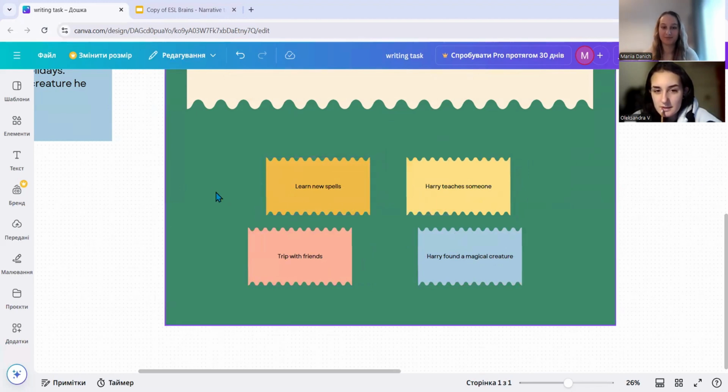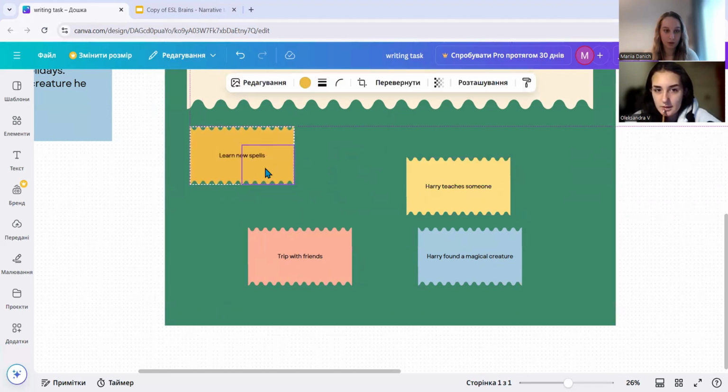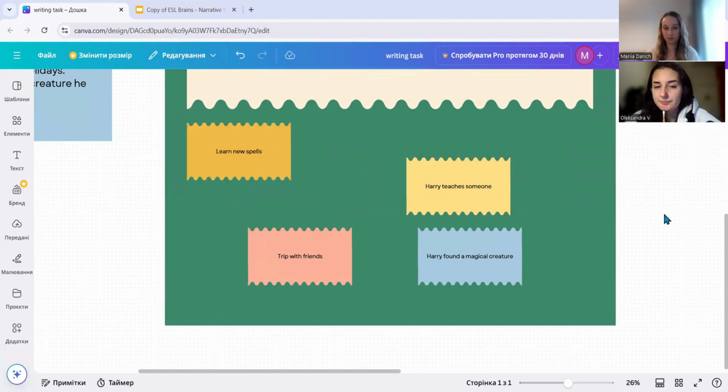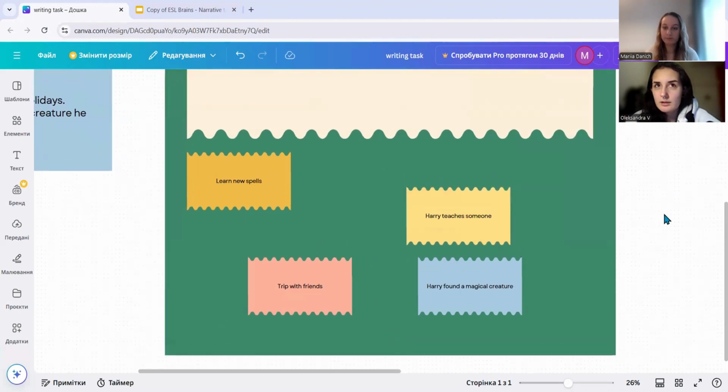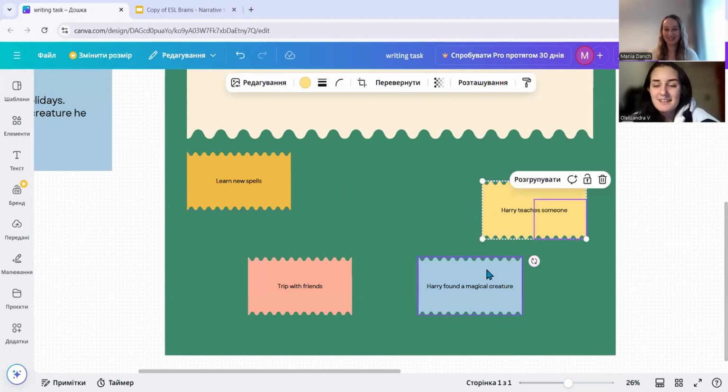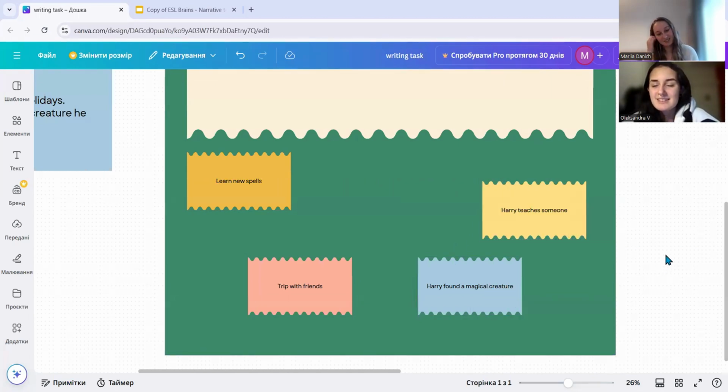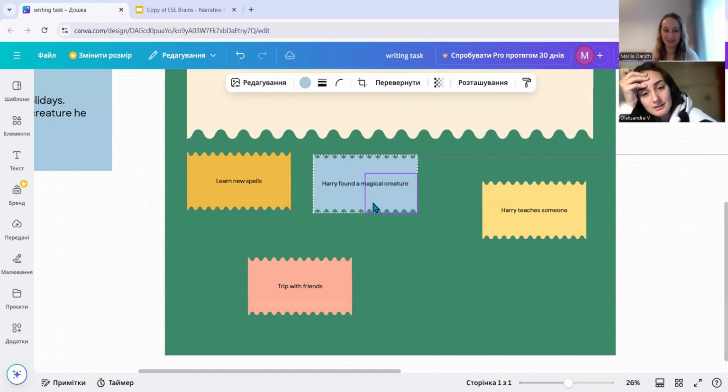First of all, maybe it's learn new spells. Okay, it might be the first one. And after that, when he found something interesting, a magical creature.